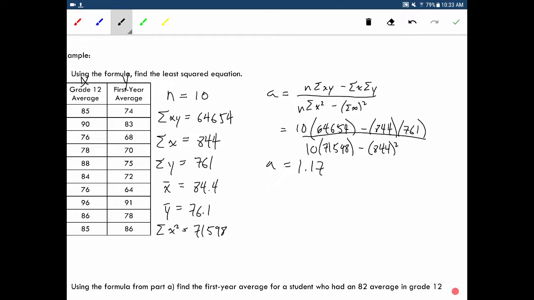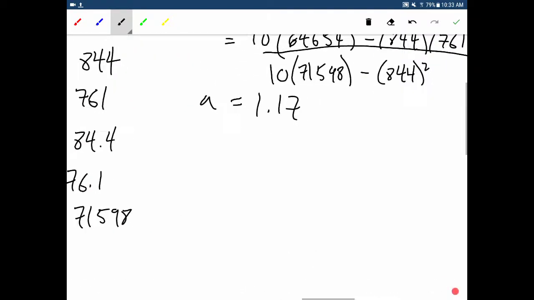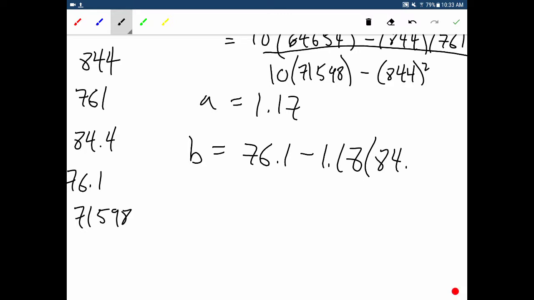It's nice and easy when I do it. And then to find B, it's going to be 76.1 minus the A value, which was 1.17, times the 84.4, which gives us negative 22.64.